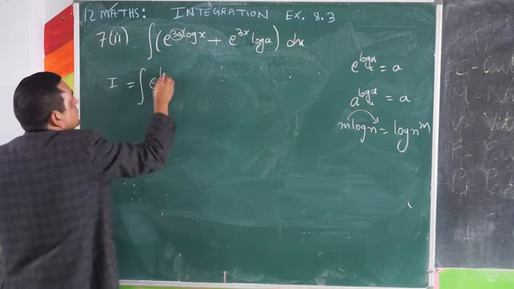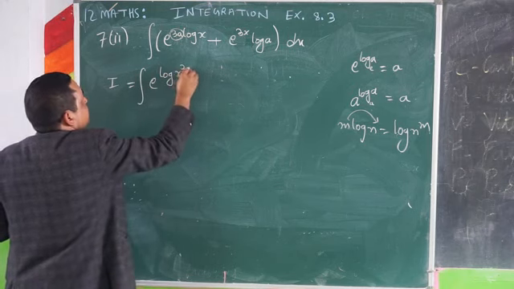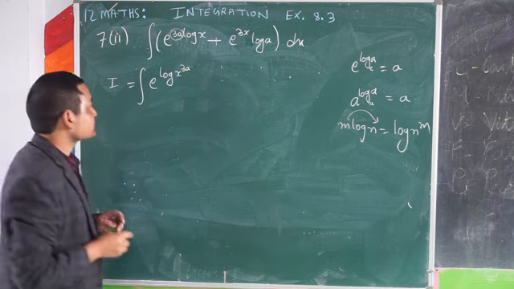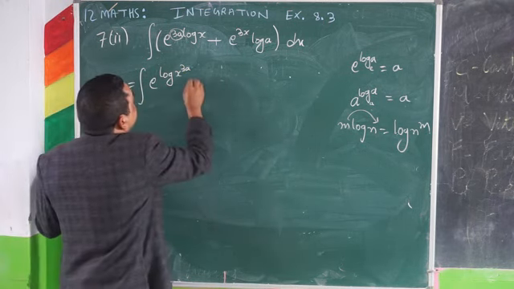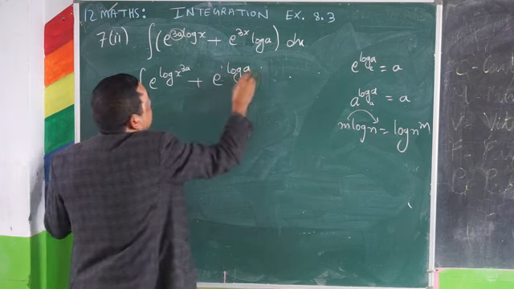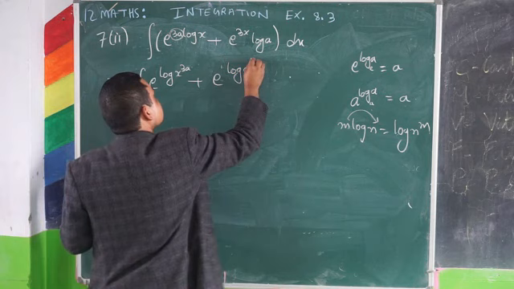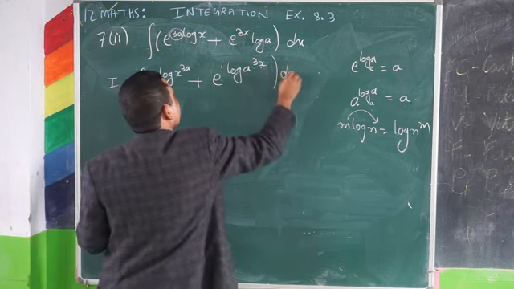Then I equals the integral of (e to the power log x to the power 3, plus e to the power log a to the power 3x) dx.